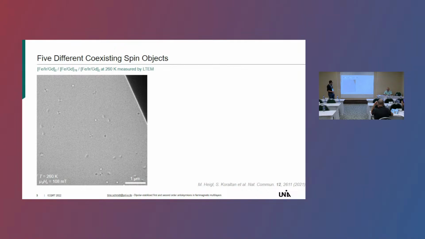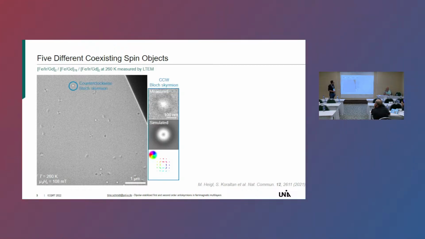So on that picture we got a lot of things, so let's start with this one. That is a white dot with a black circumference, and it represents a counterclockwise Bloch skyrmion.